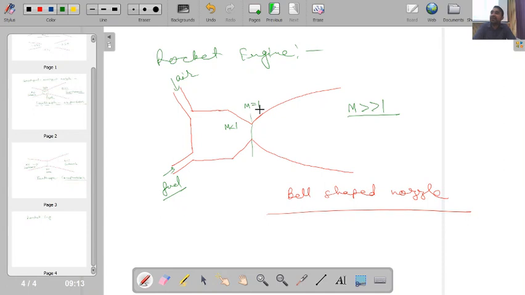So this is typically a rocket engine, or even your aircraft engines, where you also have to create the thrust force. These are examples or applications where convergent divergent nozzles are used significantly.